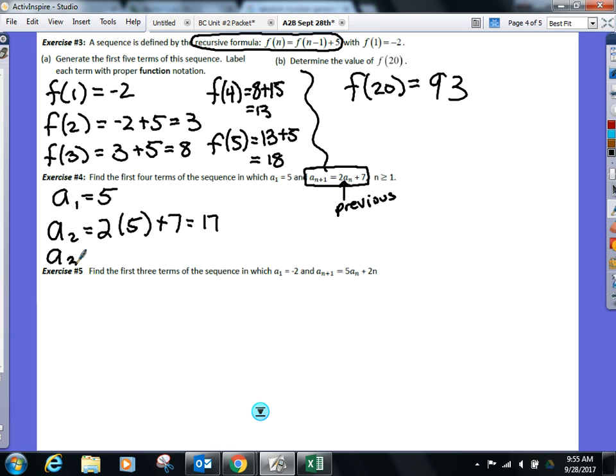Third term. 2 times 17 plus 7. Always using the previous term. And getting 41. And fourth term. 2 times 41 plus that 7, 89.